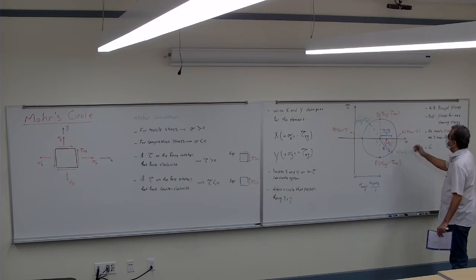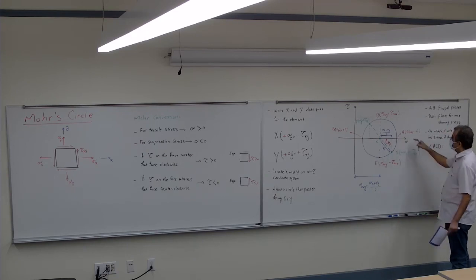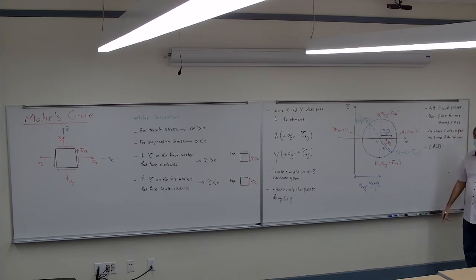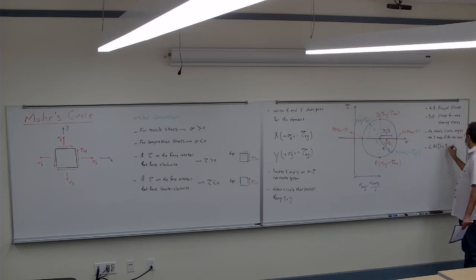The angle for ACD, how much is it? ACD is 90 degrees. So what does it mean?